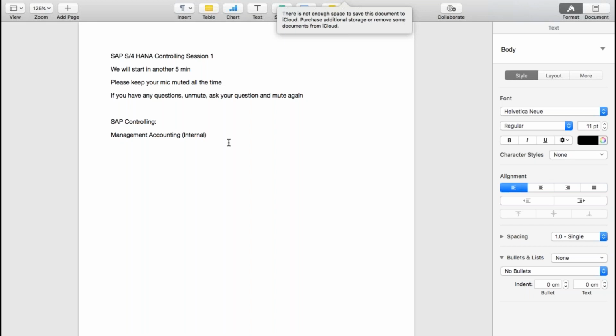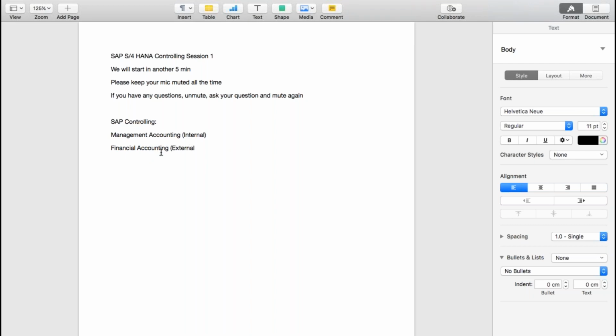Your tax authorities, your auditors, your Companies Act, these are all examples of legal requirements that you need to submit to external authorities. That external reporting is nothing but financial accounting. So when we talk about SAP FI and SAP CO, SAP FI is financial accounting, which is for the external purpose.